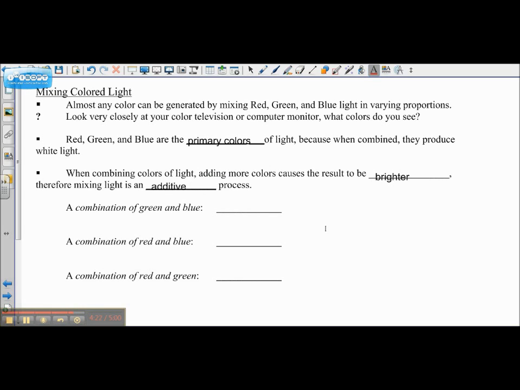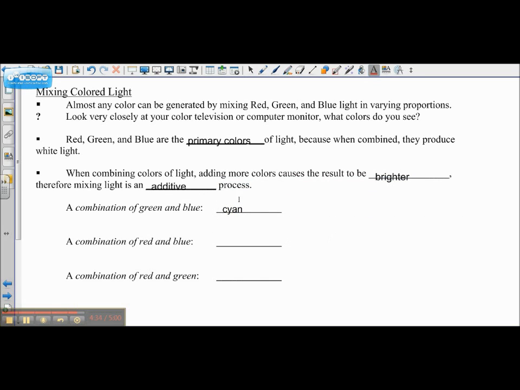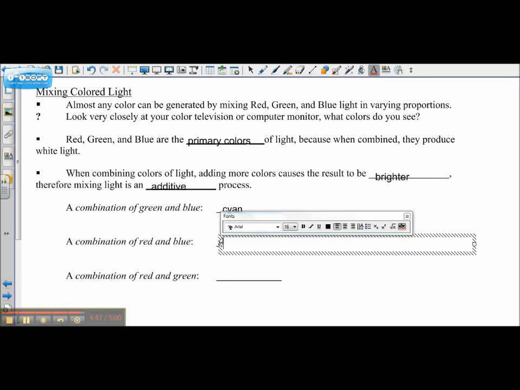I have a great demo for this. If you combine green and blue together, you get a lighter green-blue color, which we call cyan. If you know a cyan crayon, you know it's a light green-blue color. If you combine red and blue together, you get a purplish color, but we need a lighter version, which would be magenta.